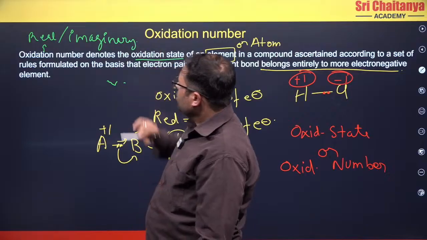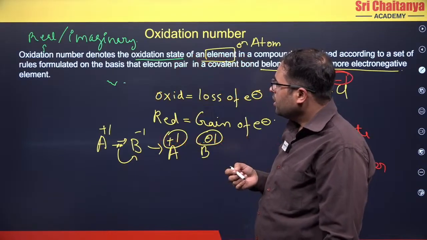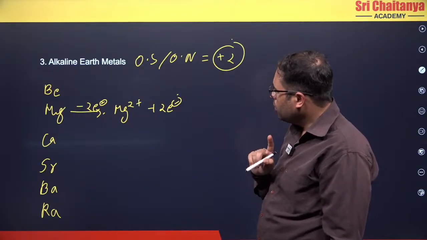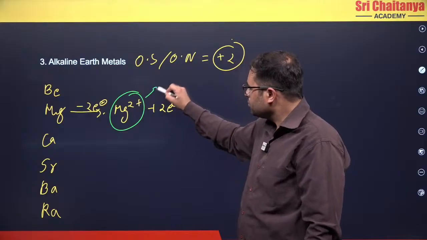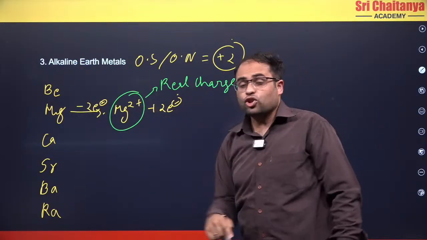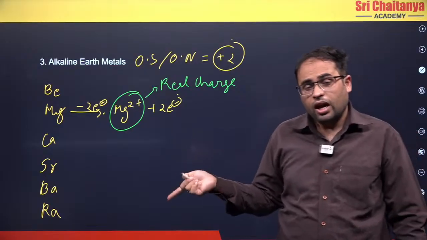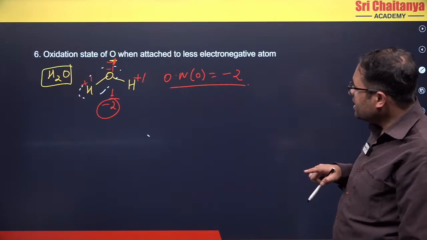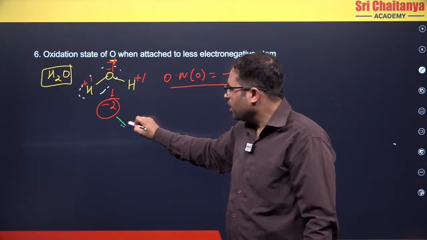Real is when it is real. Here it is a real charge, right? Real charge of plus 2 is there on magnesium. But in this case, this is not a real charge, right?